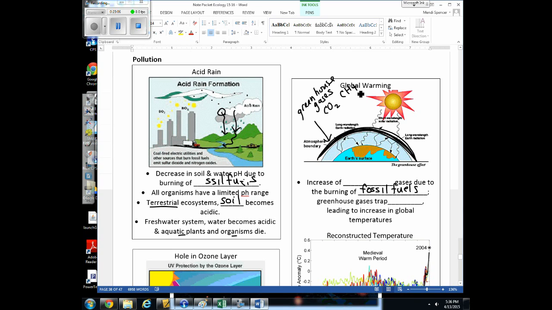Even water vapor is considered a greenhouse gas. Now, to be a greenhouse gas means that you're a gas that will keep heat in the Earth's atmosphere. Whenever we burn fossil fuels, we burn organic molecules, it releases carbon as CO2 up into the atmosphere. We basically increase this layer of greenhouse gases, and we're increasing the amount of heat that is trapped close to the surface of the Earth.